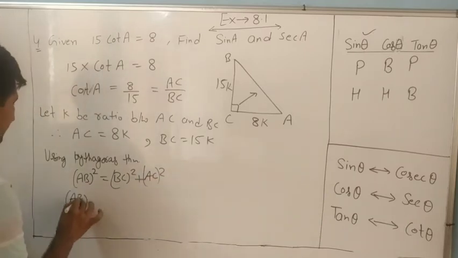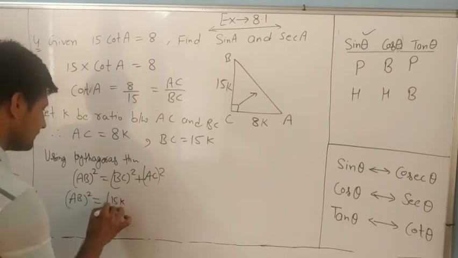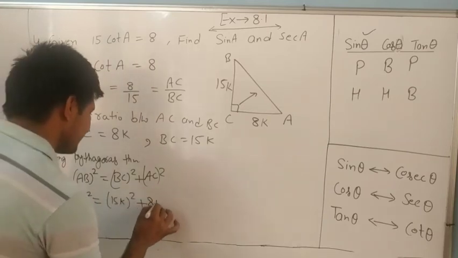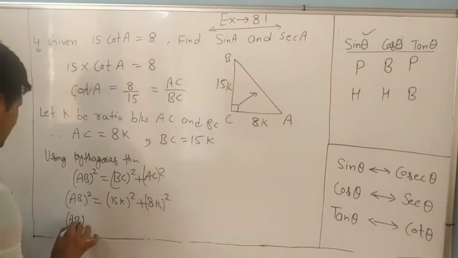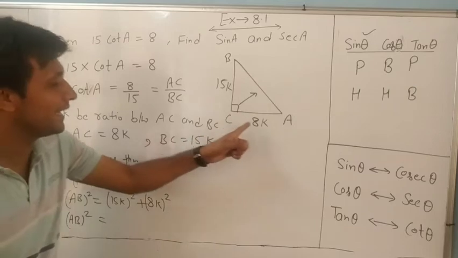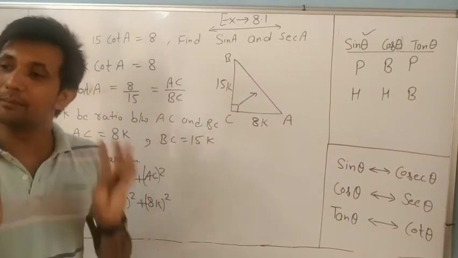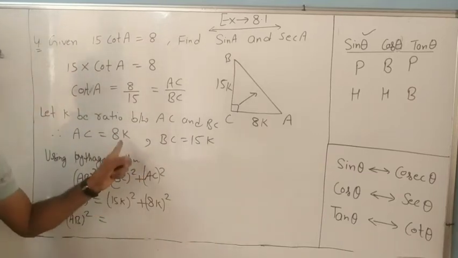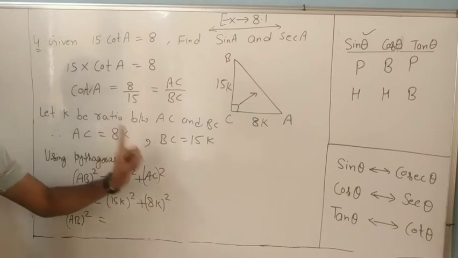AB square equals BC, which is 15k, squared, plus 8k squared. Dear, if you take only 8 and 15, the answer will become the same, but this is the right process, the right procedure to solve it.